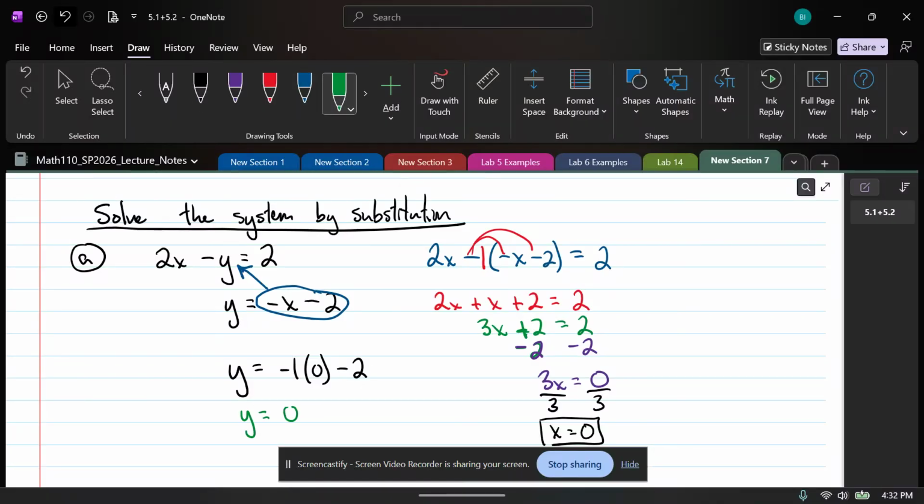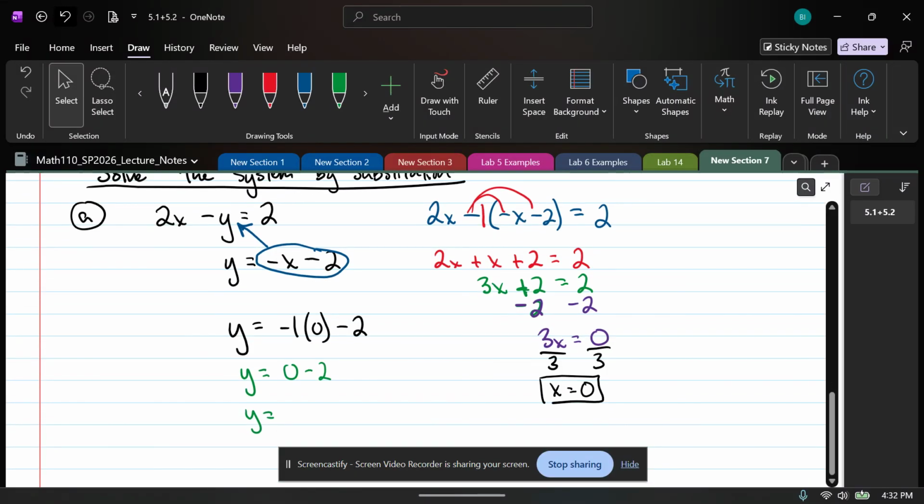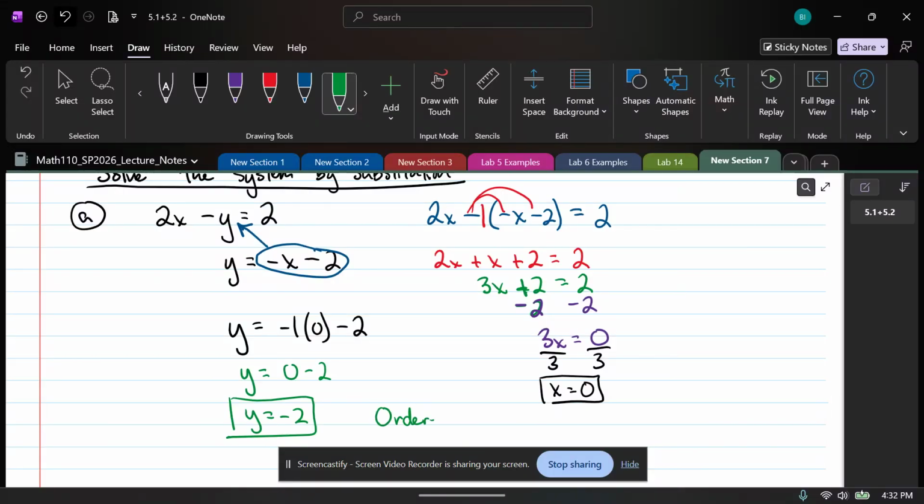So that's going to be 0 minus 2, which is negative 2. So my ordered pair is 0, negative 2.